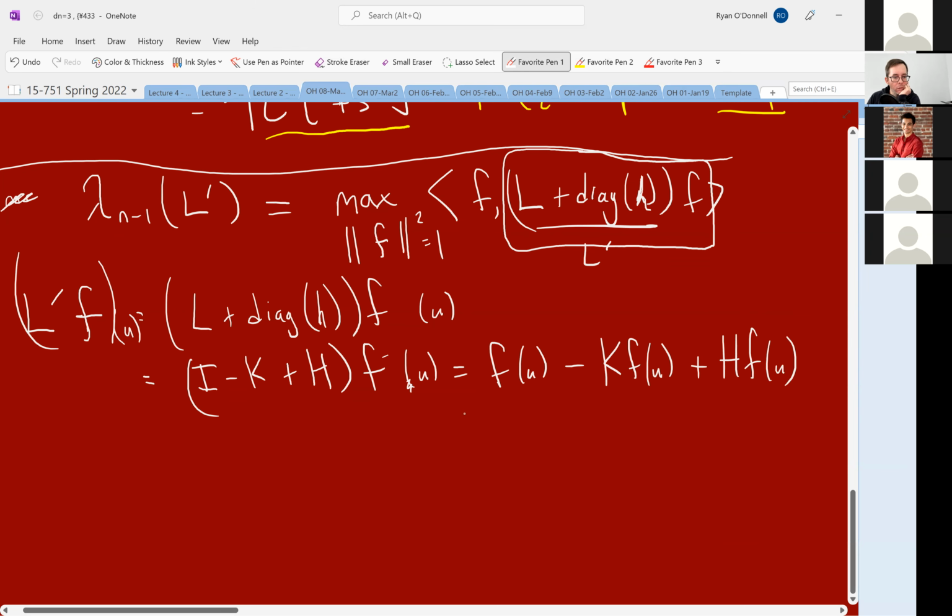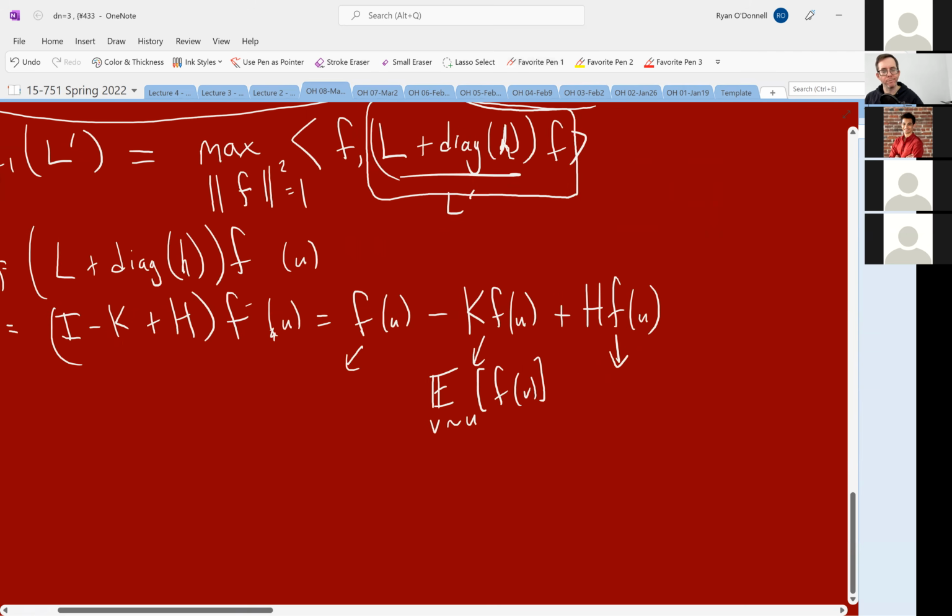Right. Okay, F of U we know. KFU we actually talked about. This is the expected value over V, a neighbor of U, of F of V. Okay, and what's this?